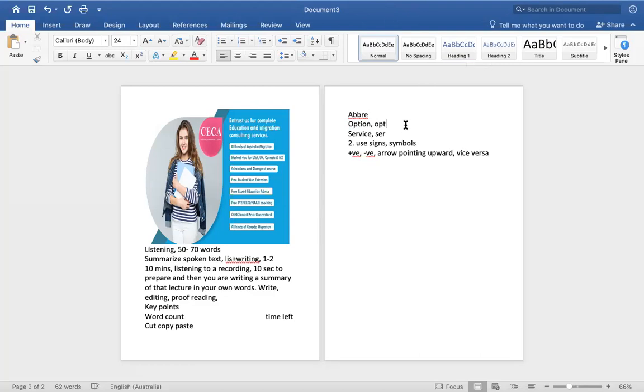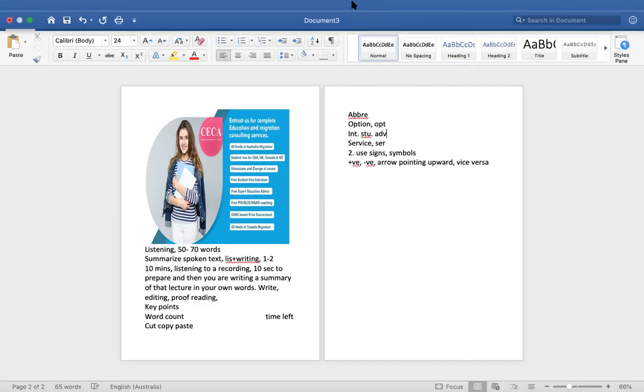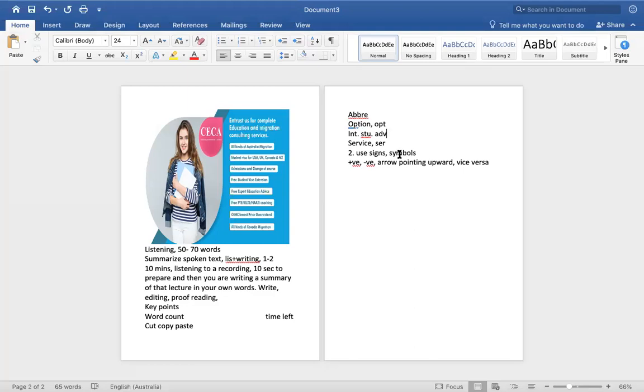Now I know I'm hearing this word, so what I can do here, I know INT is international, STU is student, advisor, ADV. When I'm just looking at my notes, I get this: I have written international student advisor. Rather than investing time in writing the complete word, because by then the next sentence will go on away. So these are a few tricks you can use while you are taking notes.